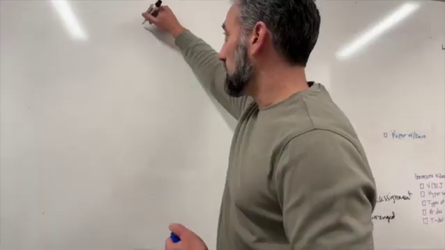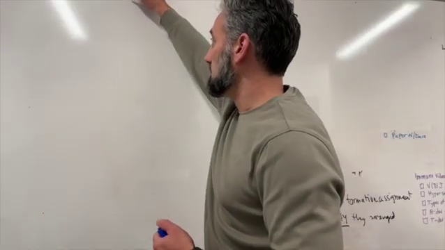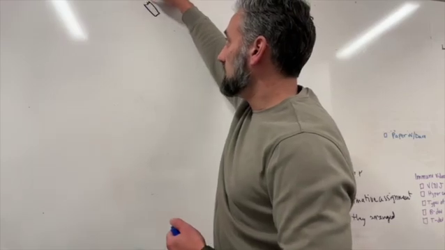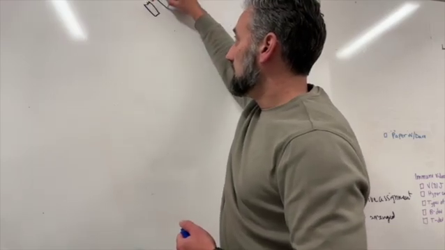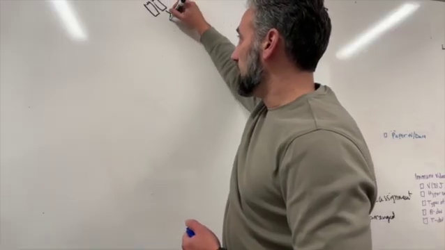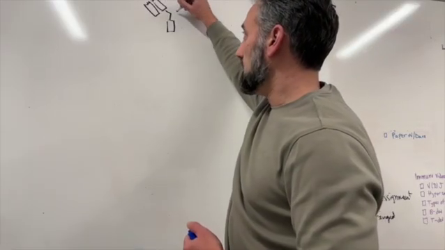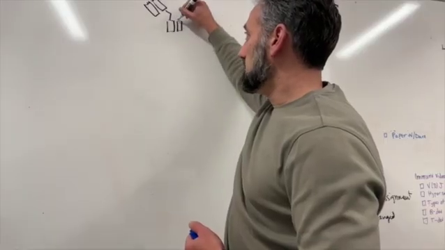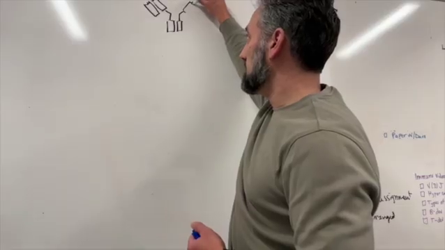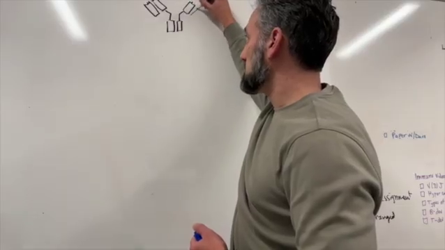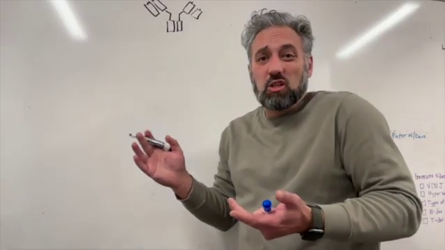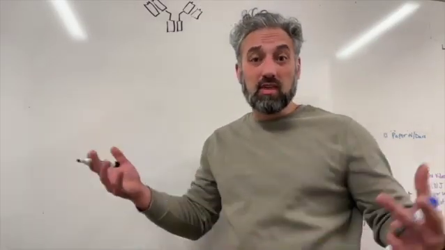We know that within our BCR and TCR, we have this highly variable portion that is going to change depending on the genes that are present, and that's essentially how we're going to get variability within these things.